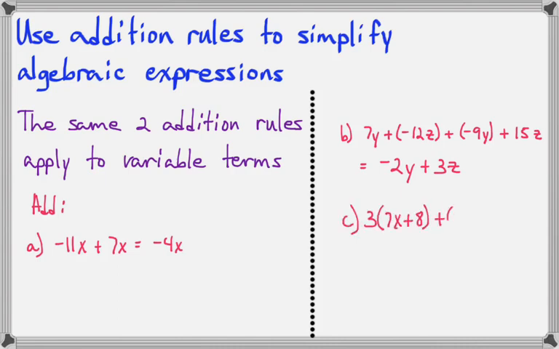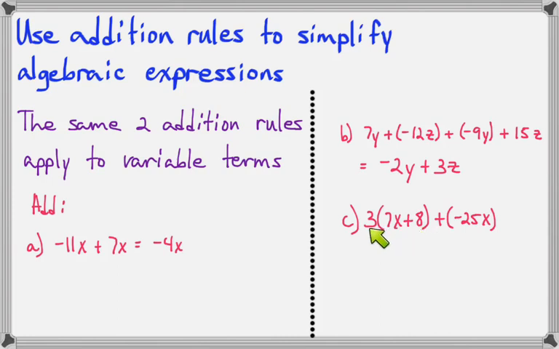All right, one more example. I've got 3 times 7x plus 8 plus negative 25x. Now before you can start combining your like terms, you have to get rid of anything that needs to be multiplied in. So let's multiply this 3 into this parentheses.